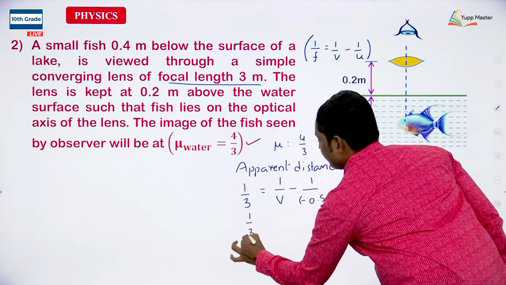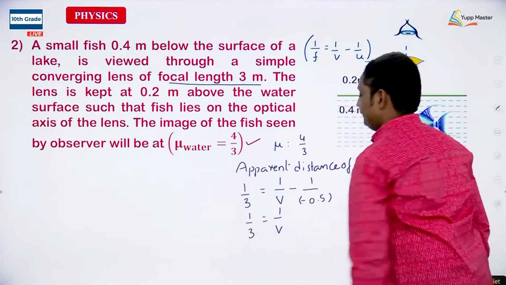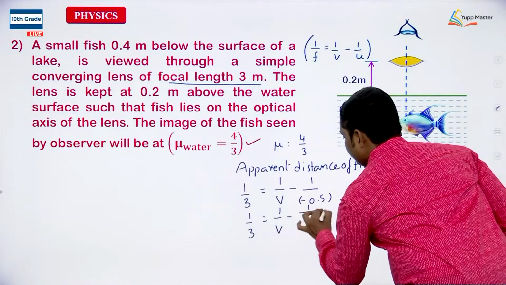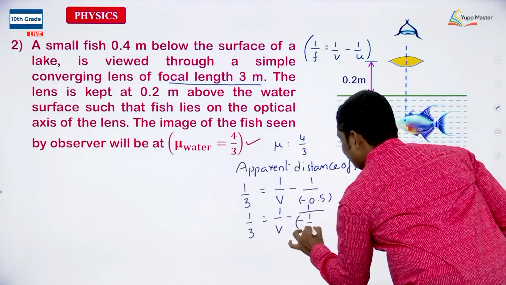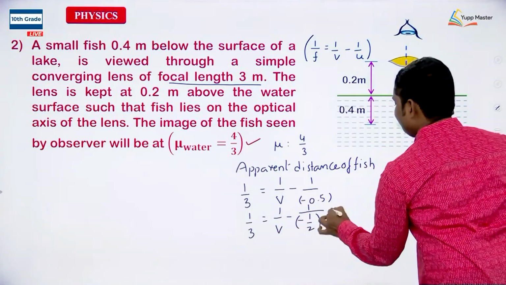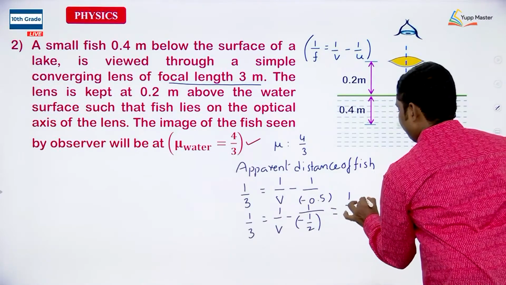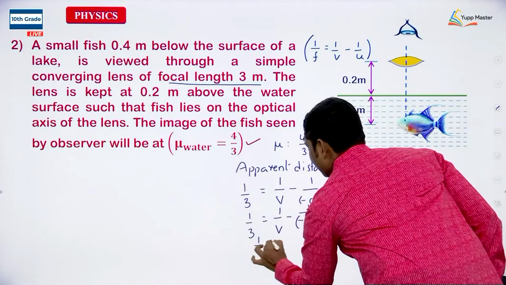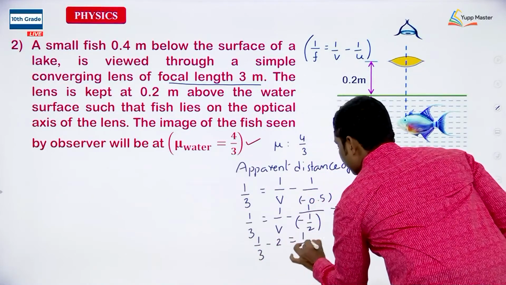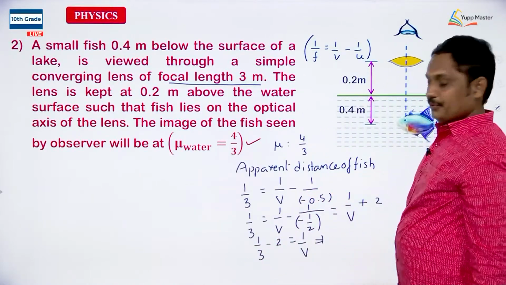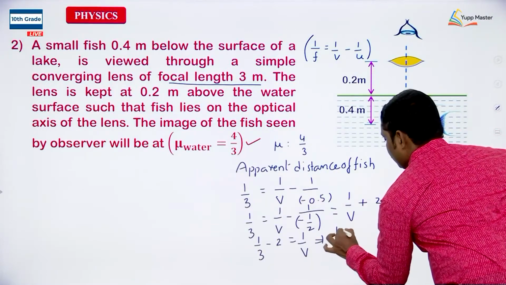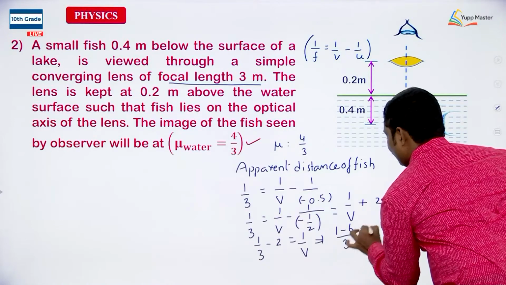Now, 1 by 3 is equal to 1 by v minus of 1 divided by minus 1 by 2, that is equal to 1 by v plus 2. Simply 1 by 3 minus 2 is equal to 1 by v. Therefore, 1 minus 6 by 3 is equal to 1 by v.